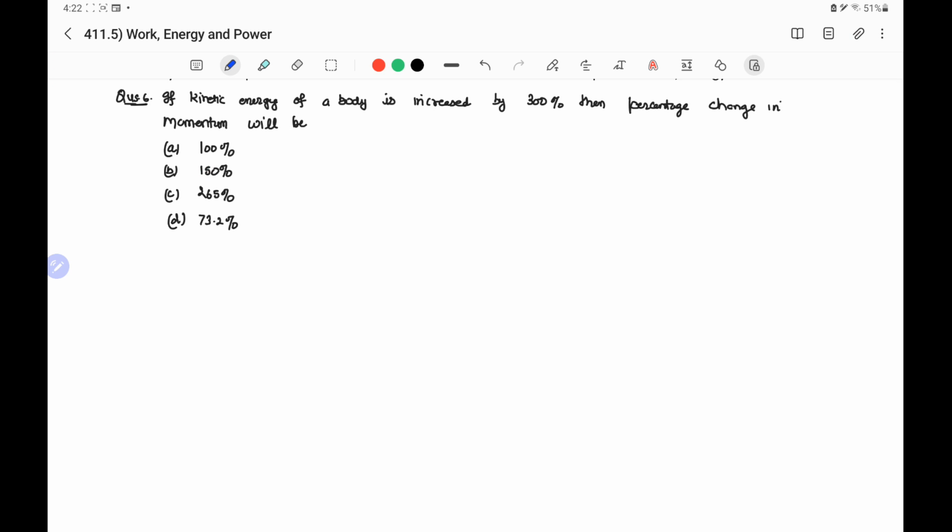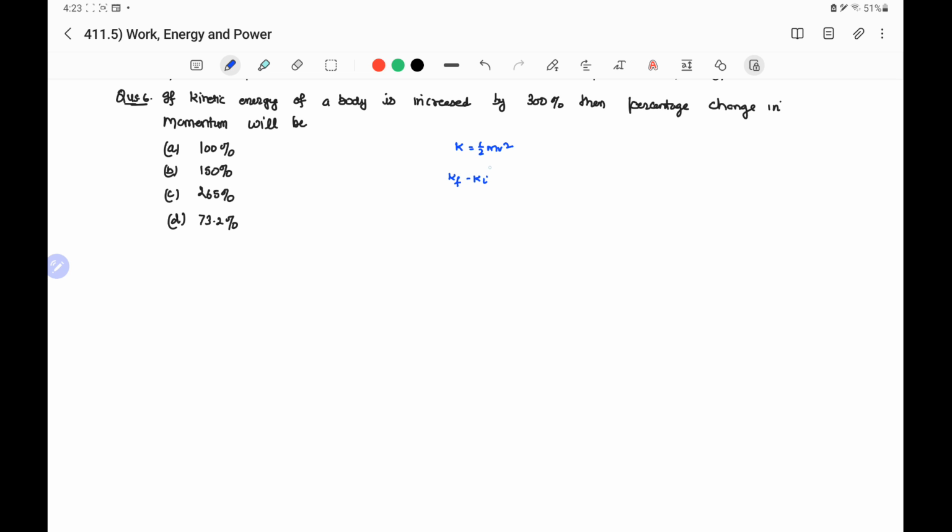Sixth question is, if kinetic energy of a body is increased by 300%, then percentage change in the momentum will be. Options are 100%, 150%, 265%, or 73.2%. We know that kinetic energy is half mv square, and increase in kinetic energy is Kf minus Ki.